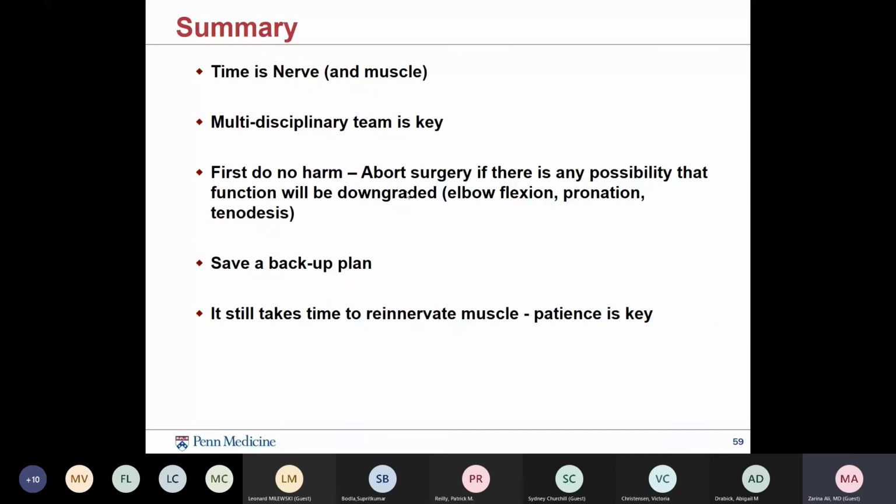There are a variety of adjuncts that we can use and are using in terms of electrical stimulation to accelerate the time for reinnervation, but it's still a lengthy process.